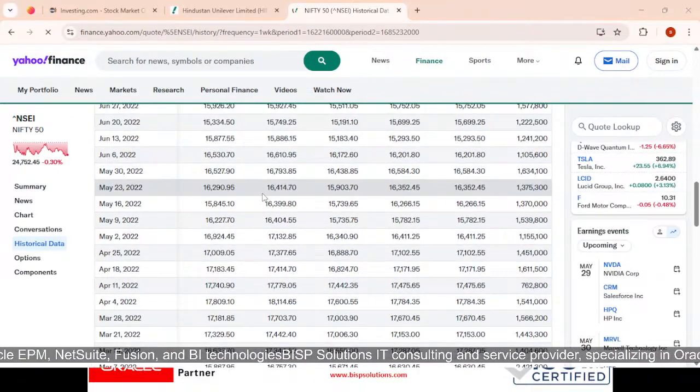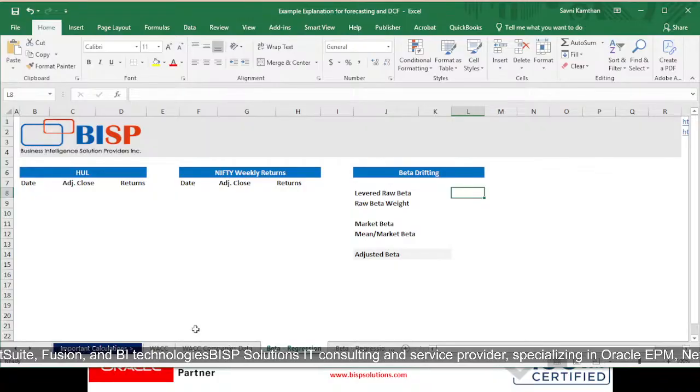And now we will be copying the two companies' data.